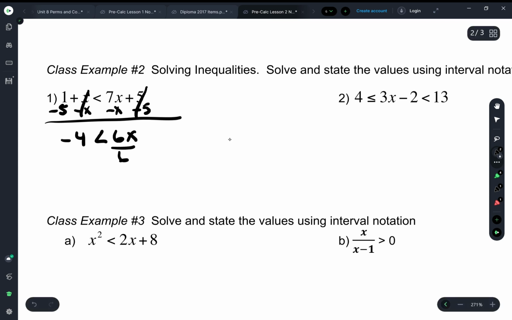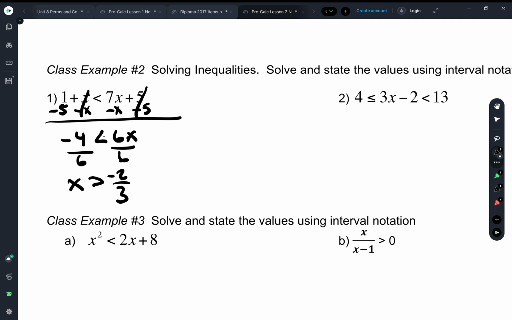Divide by 6, divide by 6. I'm going to rewrite it the other way just so it's easier to read, but you don't have to. x is greater than, because it was greater than next to the x, negative 2/3. So x is greater than negative 2/3. I just wrote it from left to right. It's a bit easier for me to read. You don't have to. You can still read it the other way.